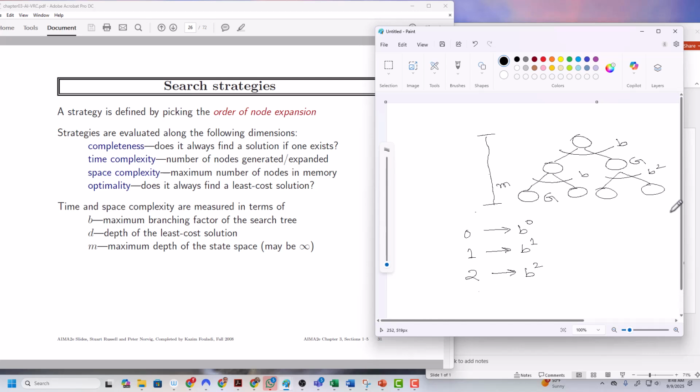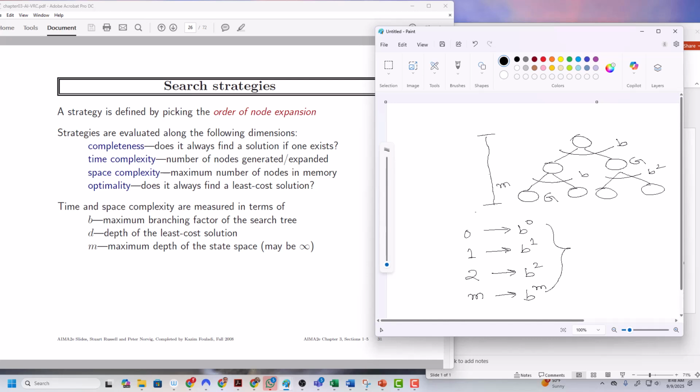So if there is a tree of height m, you will have b to the power m nodes at the last level. Then you can add them up to find the total number of nodes in this tree. If you need to store all the states, you have to store all these nodes together. This is the explanation of how it works.